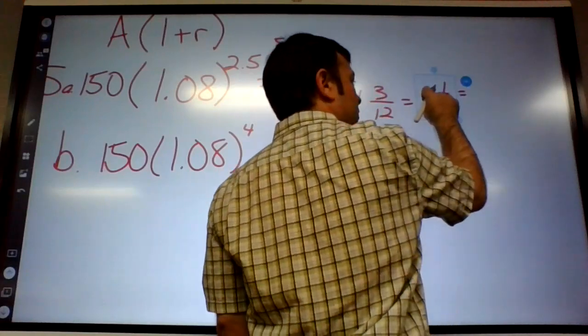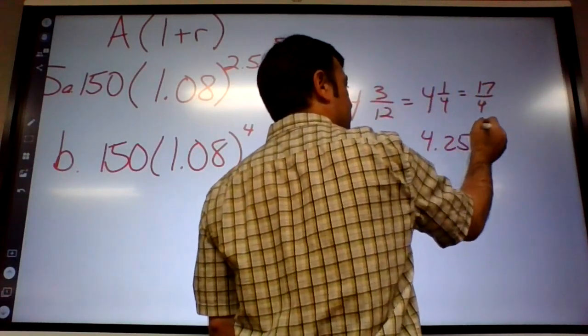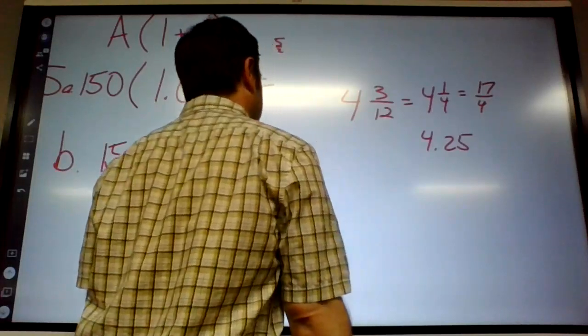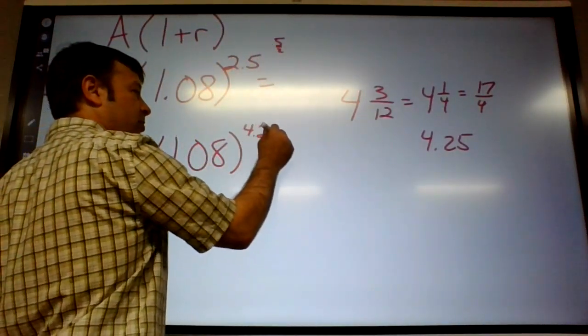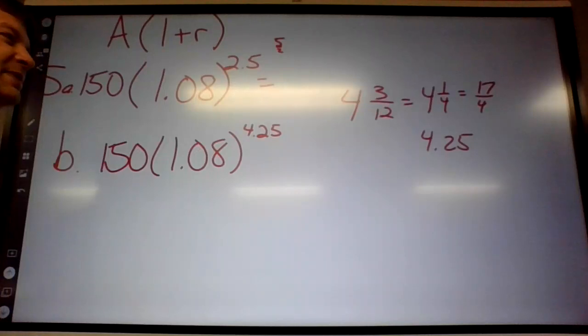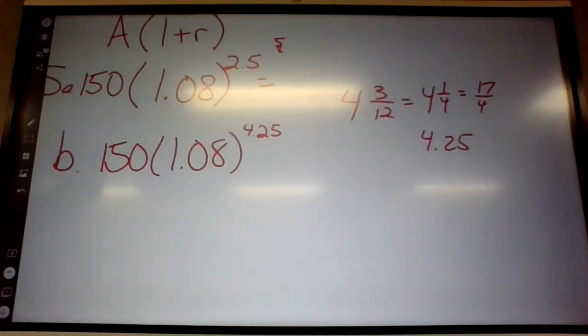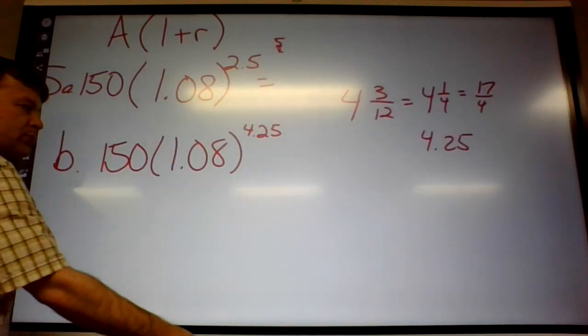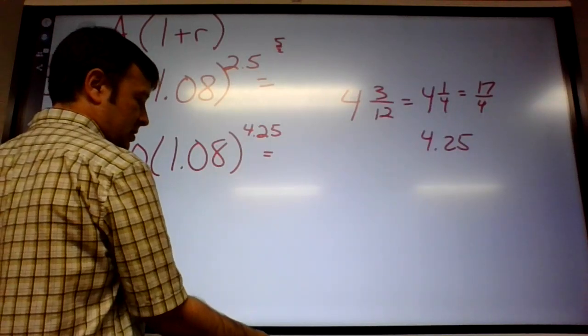Or if you do 4 times 4 plus 1, that's 17/4, or 4.25. Okay, so all of those are the same thing, so 4.25, probably the easiest. 17/4 would be hard to plug in. And like I said, I think they rounded it to the nearest dollar.